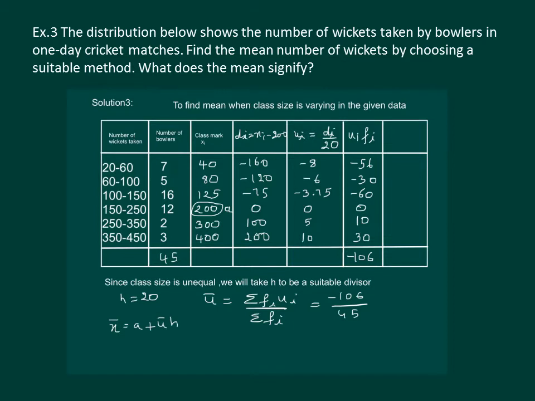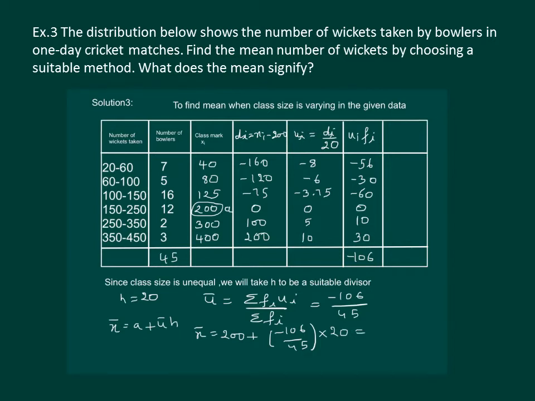Now we can find x bar by substituting the values here. We get x bar equal to 200, which is A, plus u bar, which is minus 106 by 45, into h, which is 20.